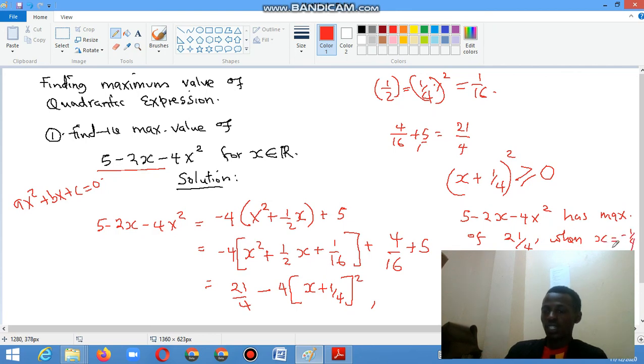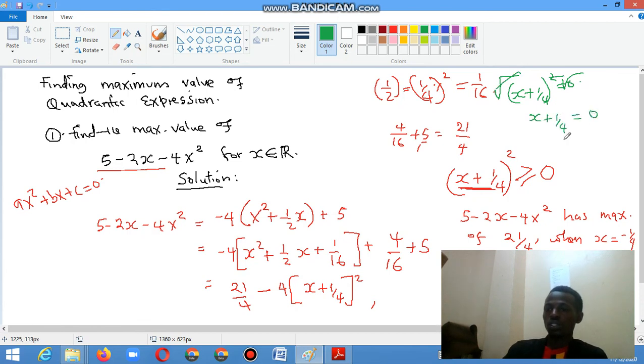And I got negative a quarter because I assumed this to be equal to 0. So when I have x plus a quarter, everything squared, equaling 0, you just take the square root of both sides, so this will remain with x plus a quarter equal to 0.